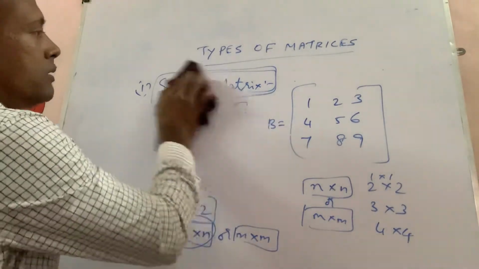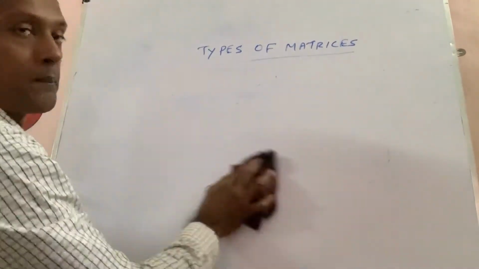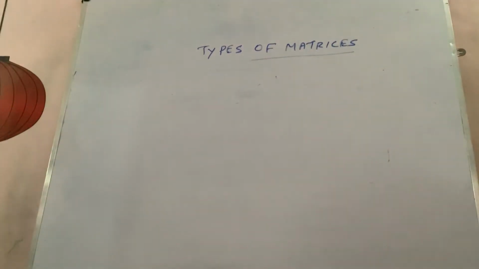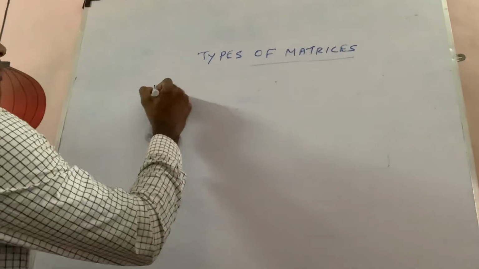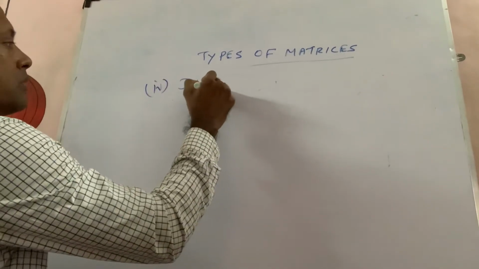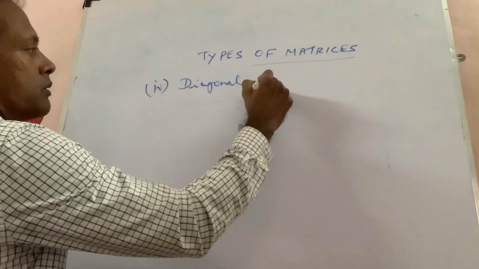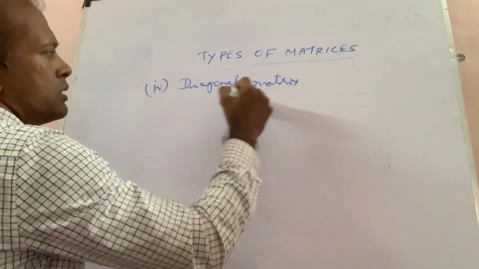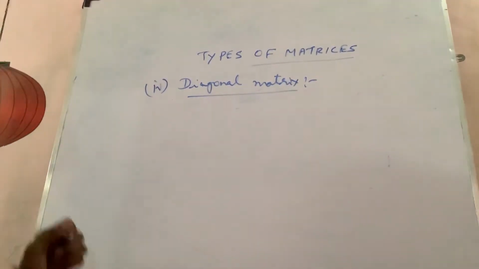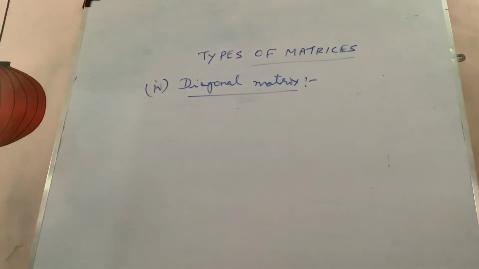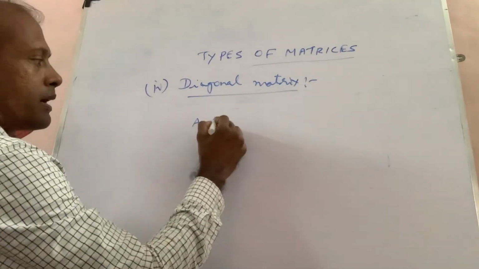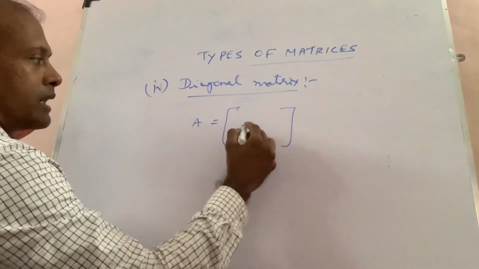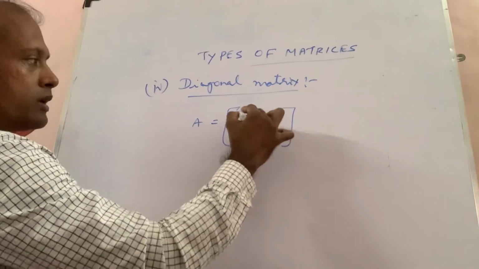Okay, next. The next type of matrix we are going to see is the fourth type, diagonal matrix. So what is a diagonal matrix? A diagonal matrix is any matrix that has the elements only on the diagonal.